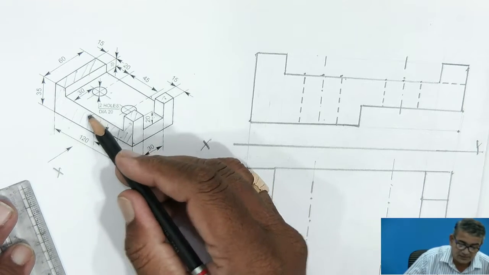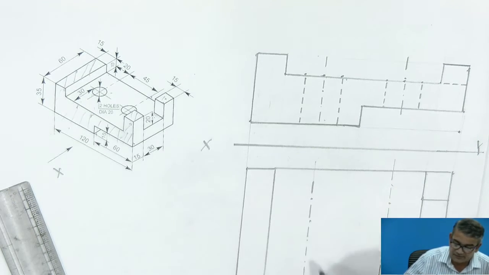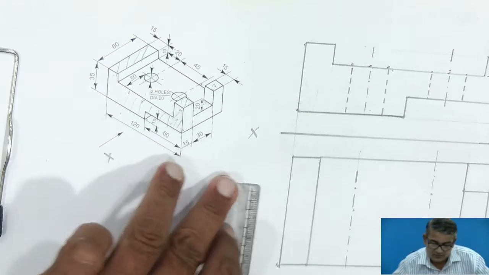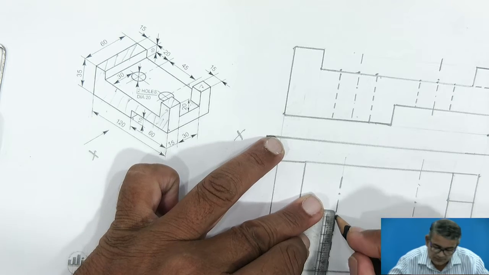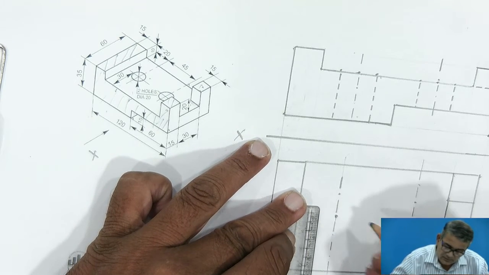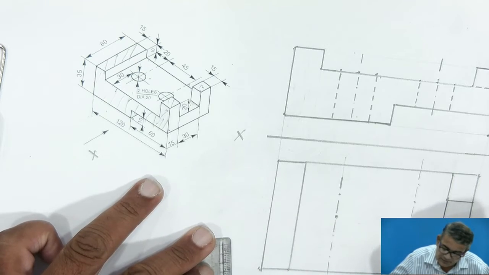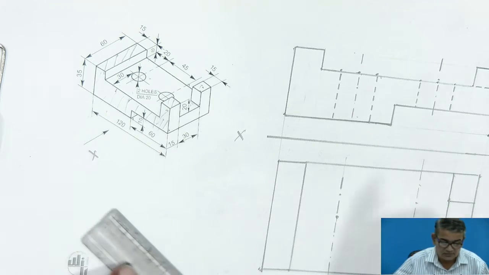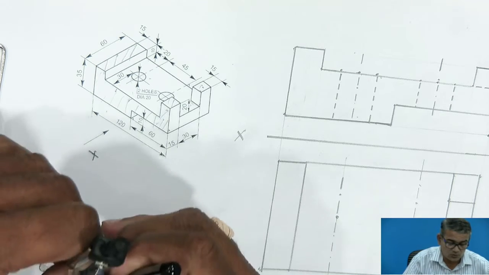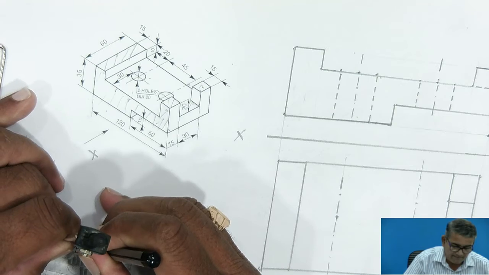And it is given what its location is, center line is over. What is the location? 30 from this end, left hand side, 30 mm, and 30 from this end. What is the diameter? Diameter is 20. So from that, these are true shapes, draw as it is. So the dimension is 10 mm.